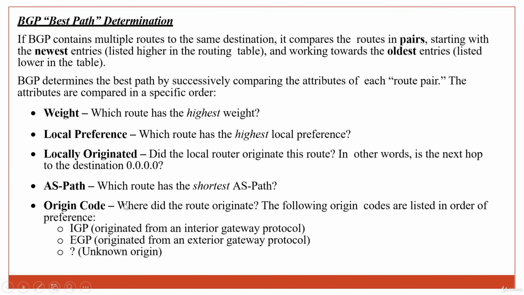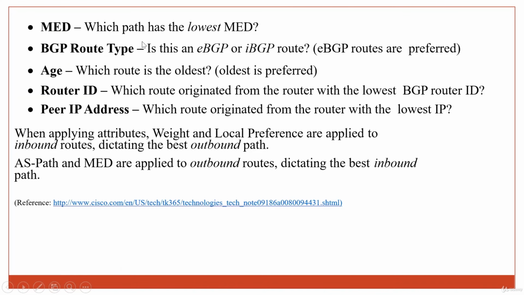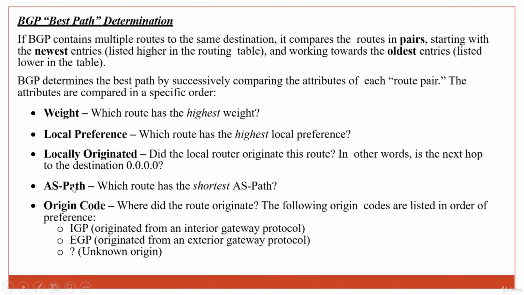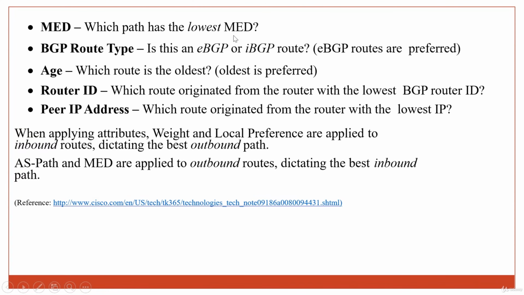Then the origin code: IGP over EGP over unknown. Then MED; again, AS path and lowest MED are very much similar, and we have a lab for these as well. Then BGP route type, eBGP over iBGP; eBGP will win. Then the age of the route, the oldest is preferred.